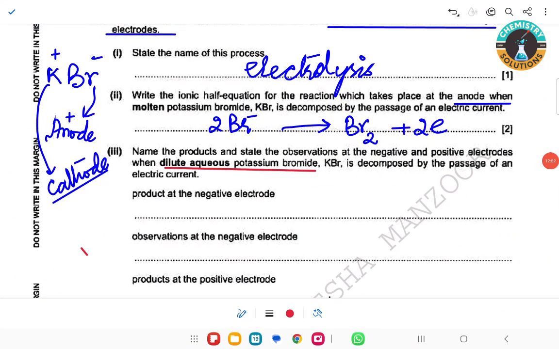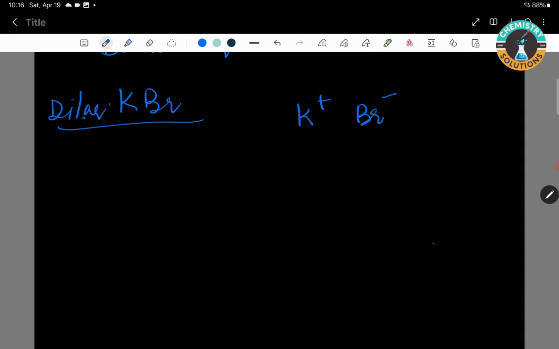So if we have potassium bromide, dilute, aqueous, then we have the ions like this: potassium ions and bromide ions.